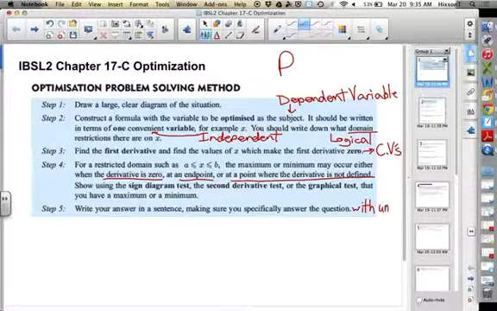So if it's money, label it as money. If it's an area or if it's lengths of sides, make sure you label it with whatever the measurement's going to be.